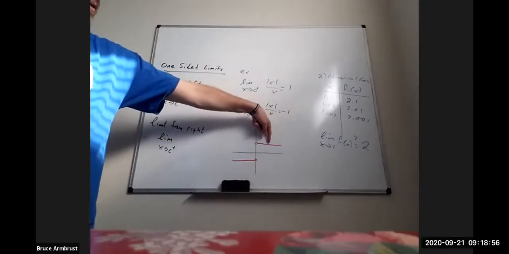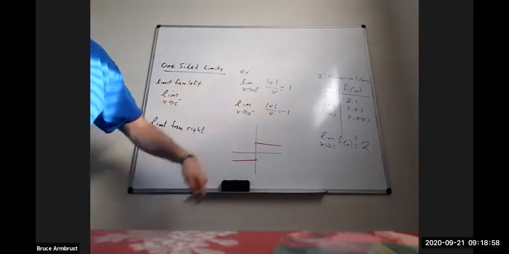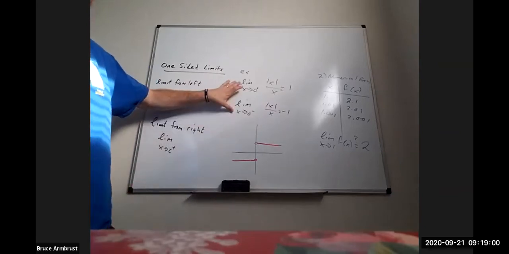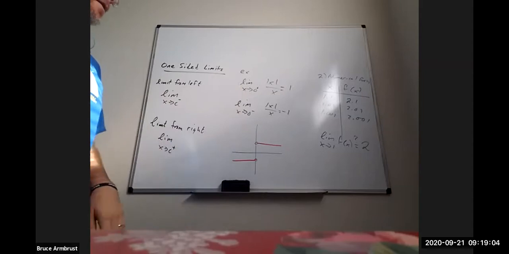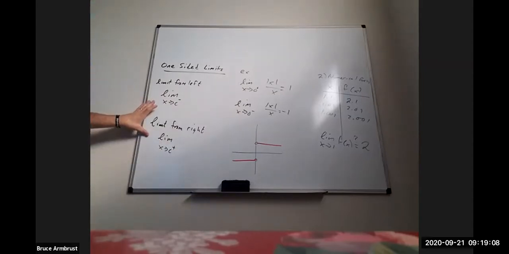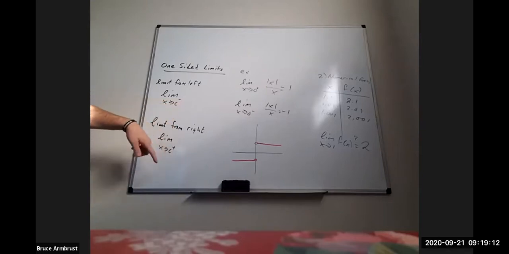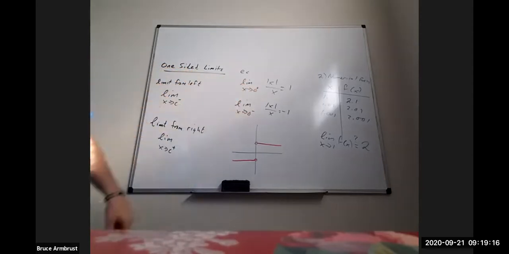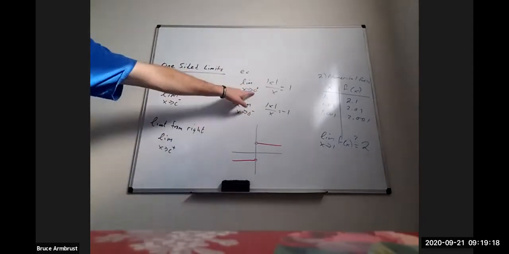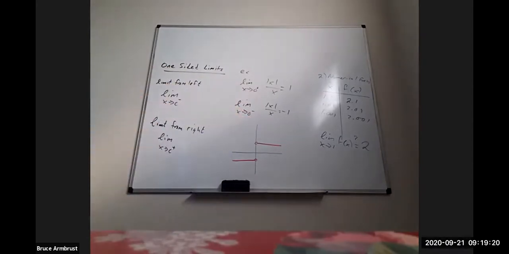But from the right, your y value is always +1. So this was a case where the one-sided limits were not the same, unlike other examples that we'd seen so far. All right, so one-sided limits, we do these a lot. Just be familiar with what those actually mean. This does not mean positive 0 and negative 0. It means 0 from the right and 0 from the left.